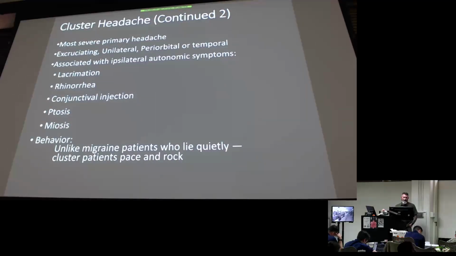Most severe, as I mentioned, excruciating unilateral periorbital, meaning around the eye, and temporal, around the temple, associated with autonomic symptoms: lacrimation, rhinorrhea, conjunctival injection, ptosis, and miosis.